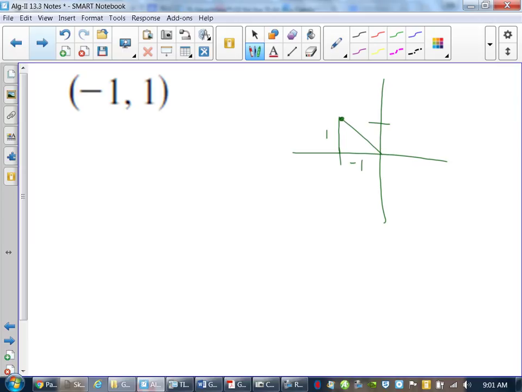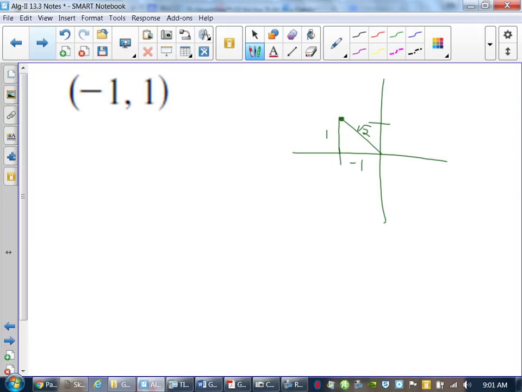What's your radius? √2, very good. It's √2. Remember 1, 1, √2? Yeah, that's a 45-45-90 triangle.